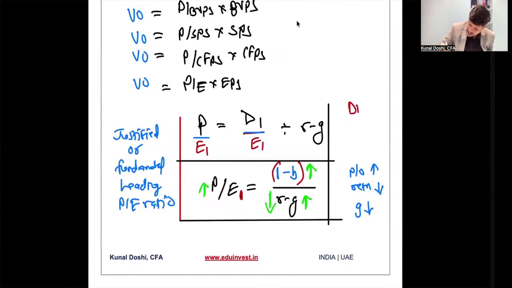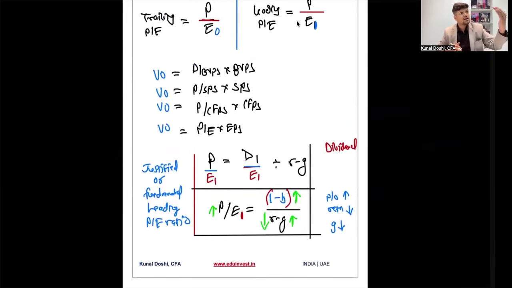It is called dividend displacement theory. If you want, you can write it. It's not a formula, but still, this concept that higher payout will reduce the growth is called dividend displacement theory. Is this clear? I'll repeat, it's not a formula, just a concept, but many students might not be aware.